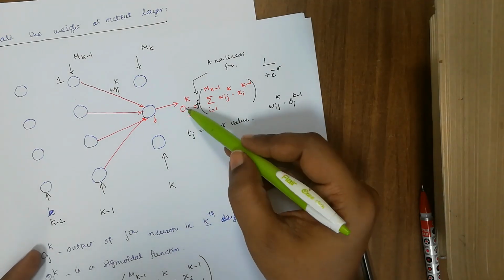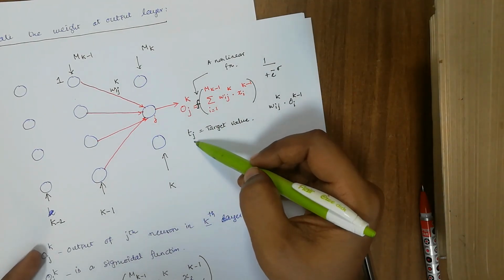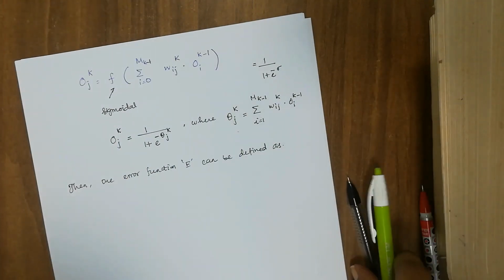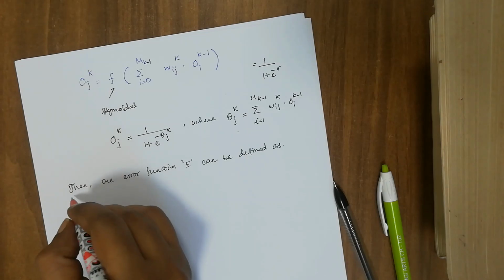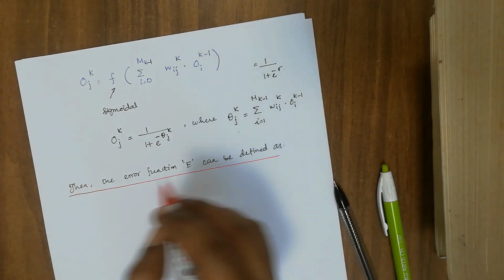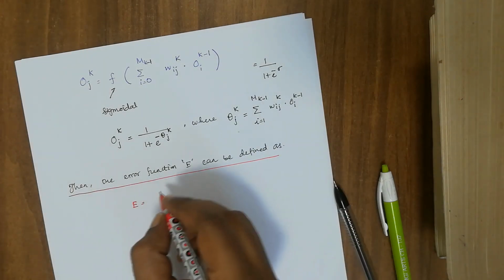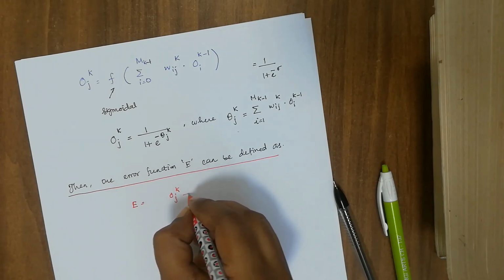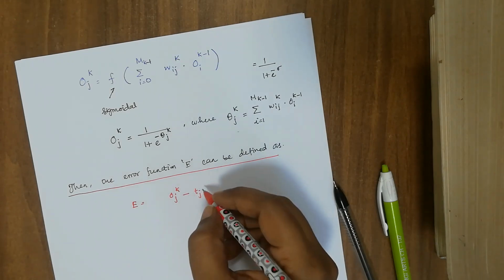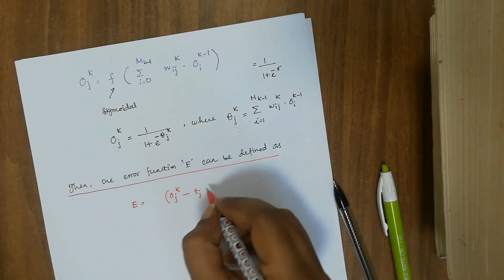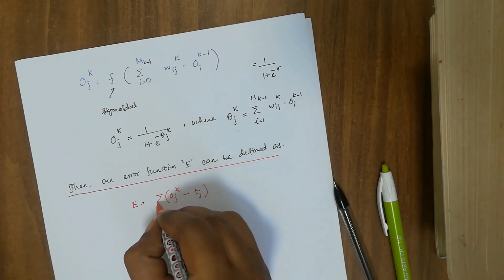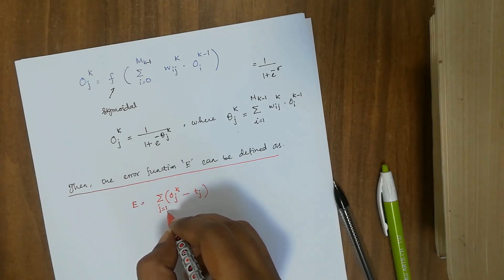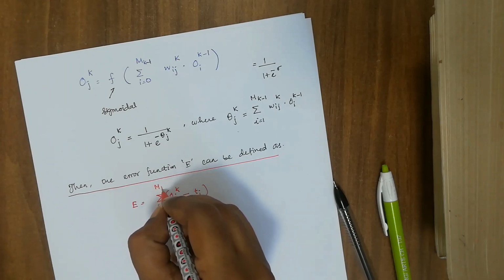The difference between the actual output and the expected or target output is the error. So we can set the error function e as the difference ojk minus tj. What is tj? tj is the target output, and we have to take the sum of squared error, j ranges from 1 to mk.